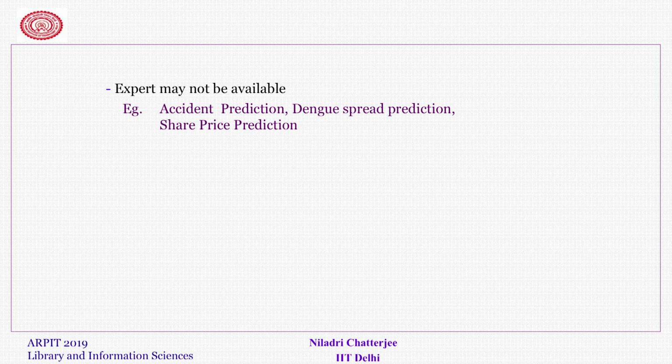If you look at today's problems, we do not have experts who can tell how to predict whether there is going to be an accident in some corner of the road, or how to control the spread of dengue, or where one should invest money so that one can make a profit, in other words, share price prediction. There is no expert who can guarantee success in these domains.